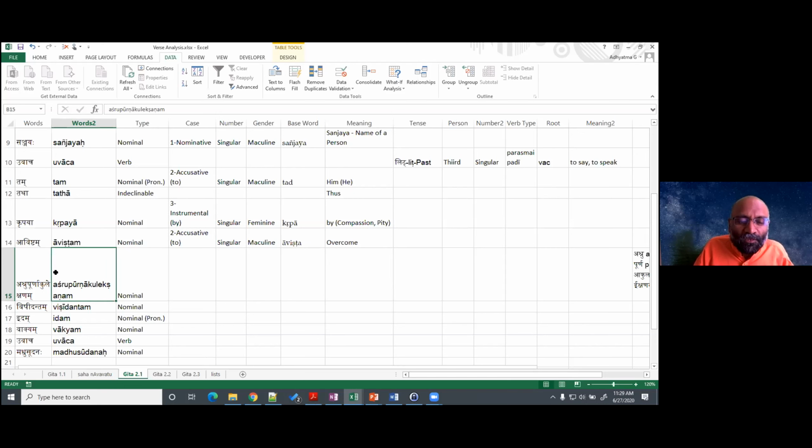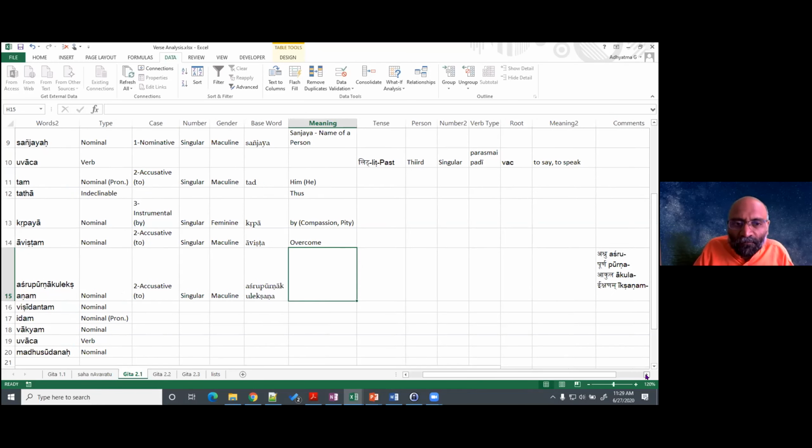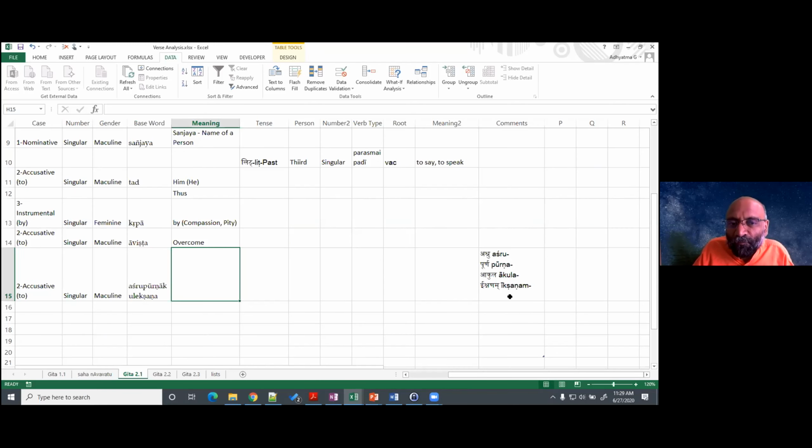Ashru Purna Akulekshanam. It's a pretty long word. This is the accusative, singular, masculine, and this will be the base word, and we have to see what the meaning is. For that, you see this is a samasa word, and it consists of four components: Ashru, Purna, Akula, Ikshanam.